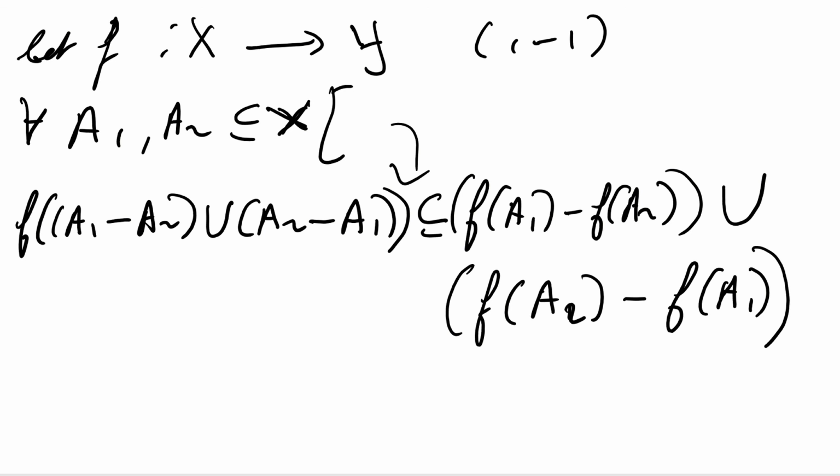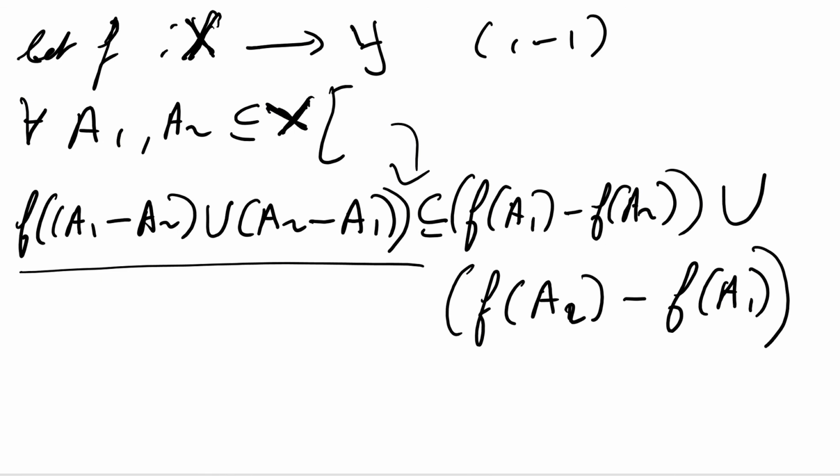So that's another function. We said that if f is one-to-one and A1 and A2 are subsets of the domain, which is X, then f of A1 minus A2 union A2 minus A1 is a subset of f of A1 minus f of A2 union f of A2 minus f of A1. So that's what we have to prove.